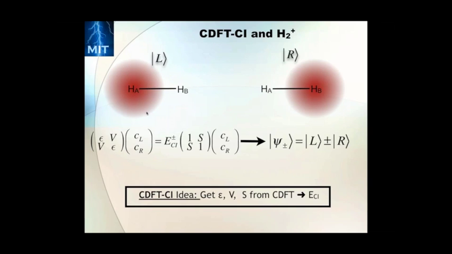I get one diabatic state where I localize the charge on the left, one where I localize it on the right. I can get the energies of those states and the couplings between the two, and I can get the overlaps between the Kohn-Sham determinants. Can I get epsilon, V, and S from constrained DFT and then get this energy out by diagonalizing this little matrix? And the answer is you can, and the results actually look quite good.